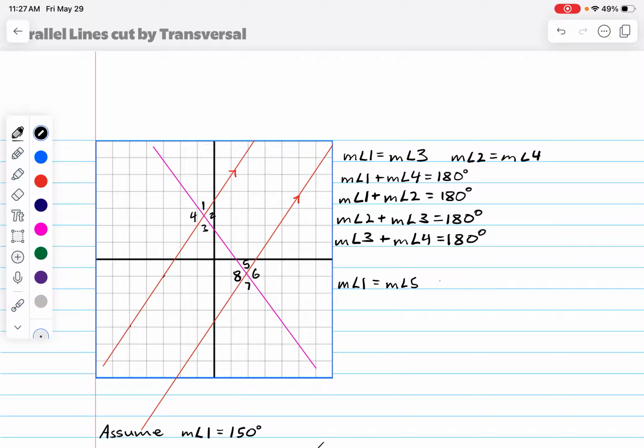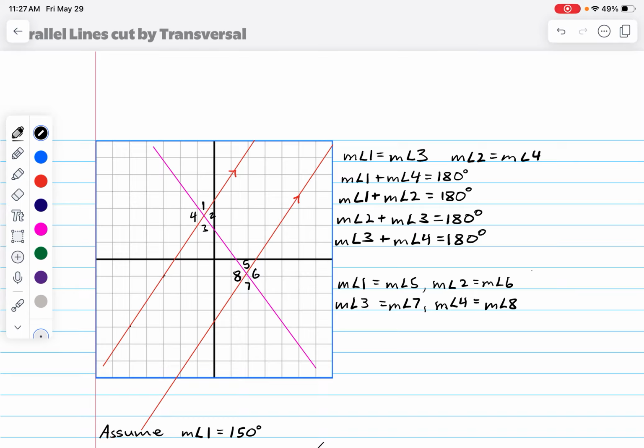And we know that the measure of angle 2 is equal to the measure of angle 6. And the measure of angle 3 is equal to the measure of angle 7. And the measure of angle 4 is equal to the measure of angle 8.